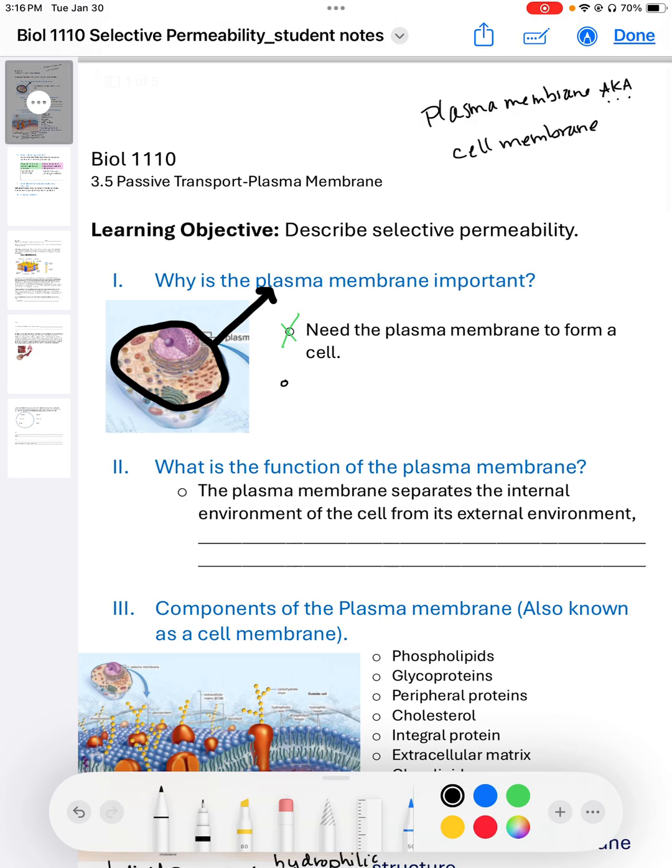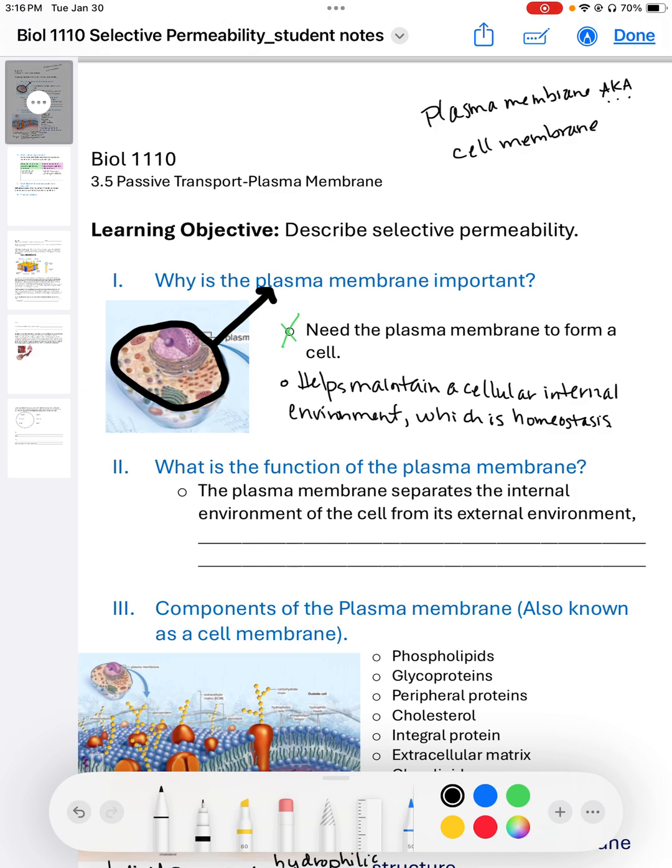So let's go ahead and add that. So it helps maintain a cellular internal environment, which is homeostasis.